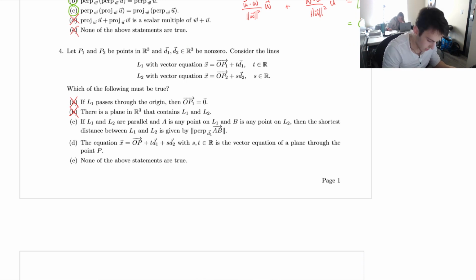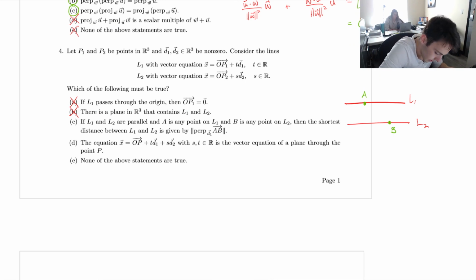We've got, okay, this is L1, this can be L2, and it says that A is on L1, so we'll just choose an arbitrary point, A. This can be B.